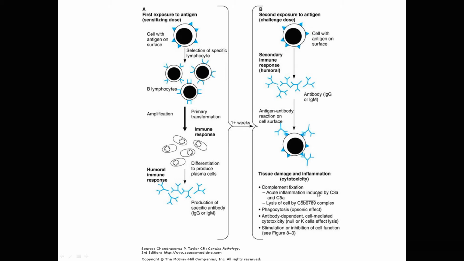First, direct lysis of the cell because of formation of the C5b-9 complex. This is the membrane attack complex, MAC. Or opsonization, thus producing stimulation of the phagocytosis. In addition, antibody-dependent cell-mediated cytotoxicity of null or killer cells, an additional factor for the lysis.